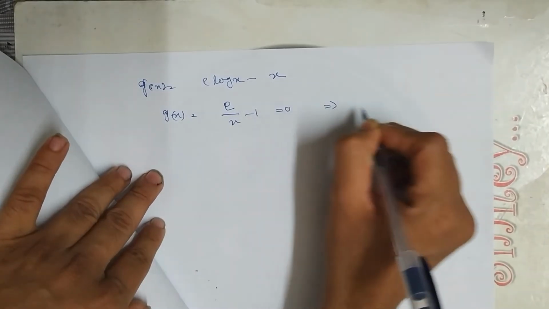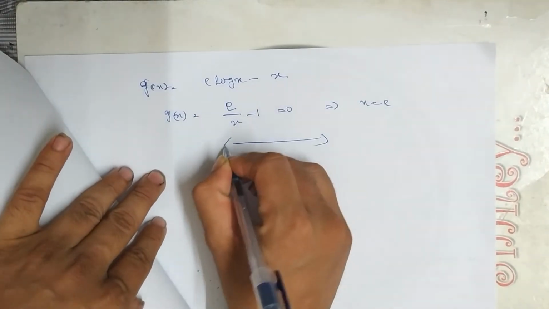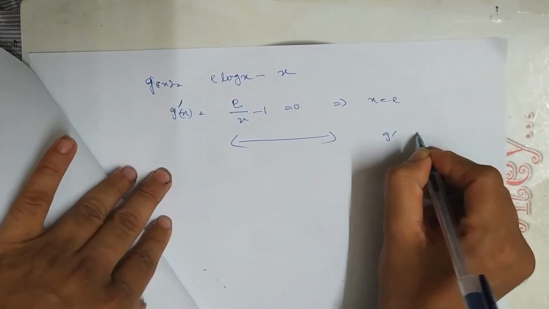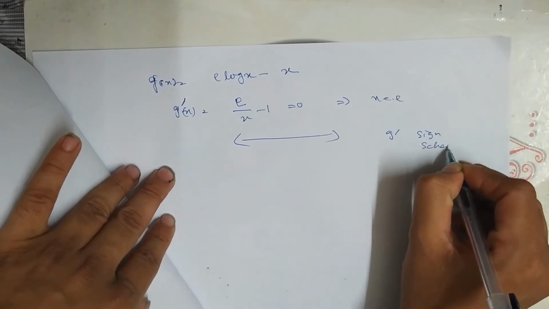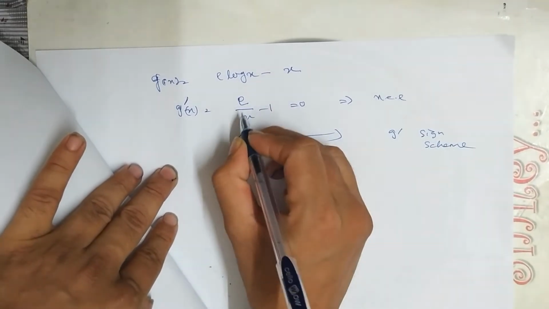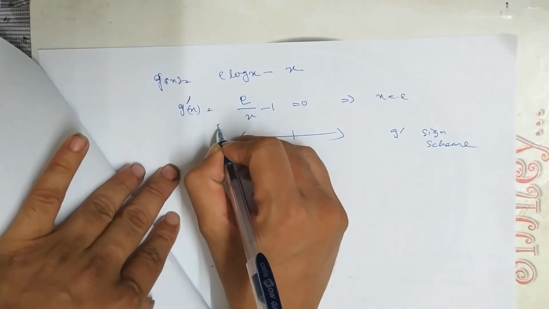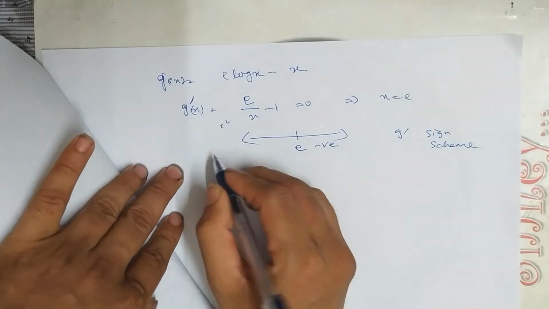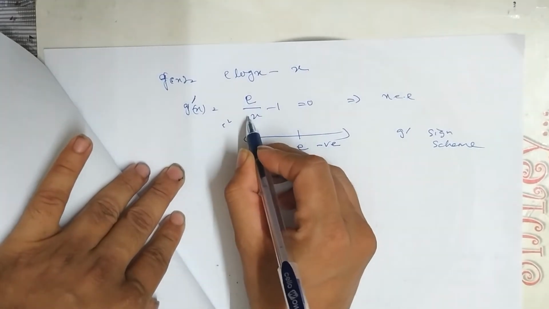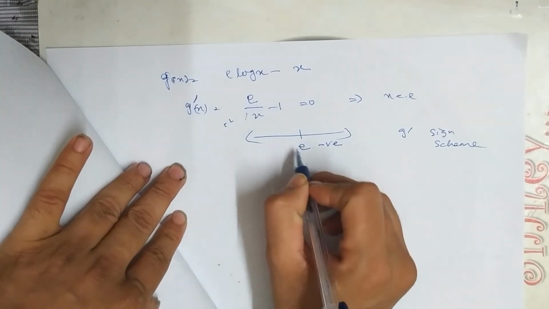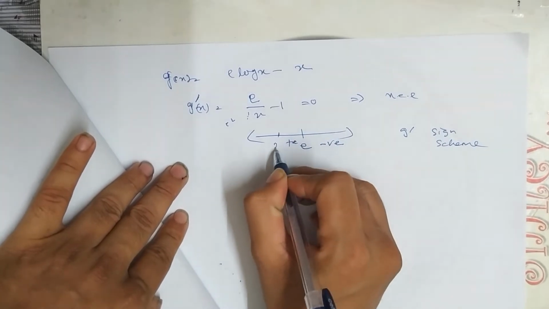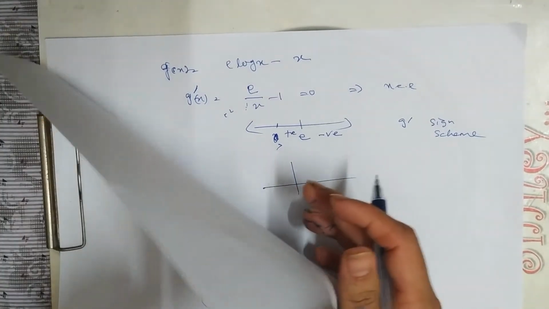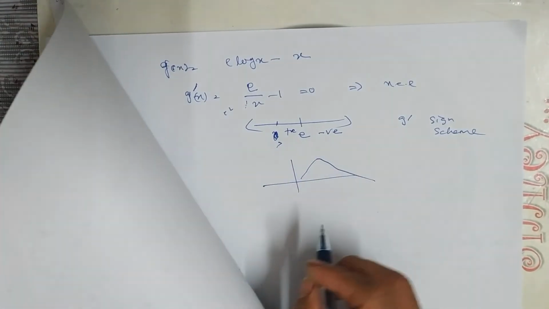This is 0 when x is equal to e. Let's draw the sign scheme of g prime x. If I put e square, 1 by e minus 1 is negative. If I put 1 by e, e square minus 1 is positive. I am taking x positive, so it is 0 at e. Again, this is increasing then decreasing.